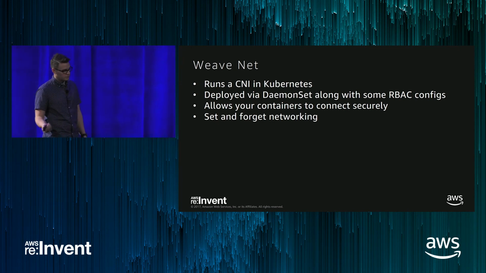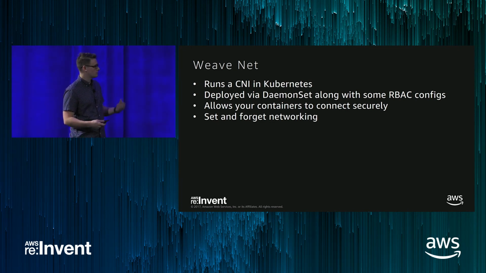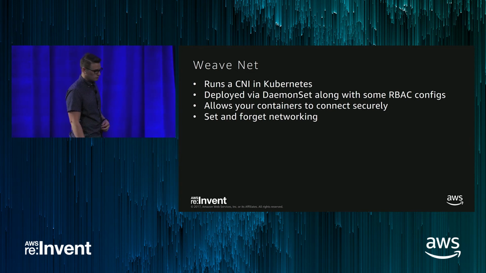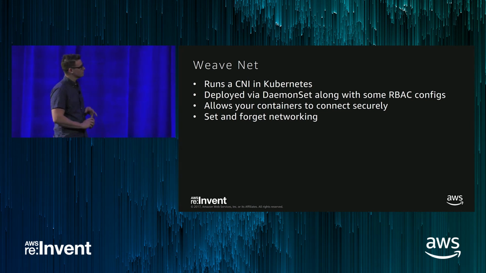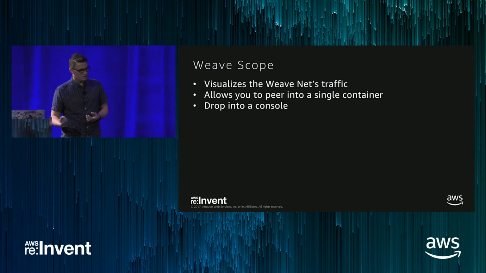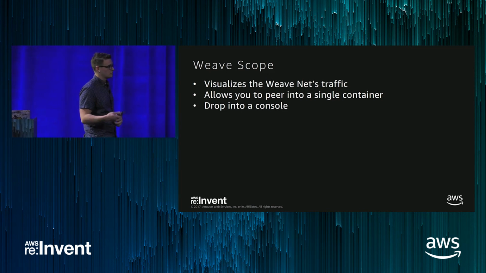There are RBAC configurations, or role-based access control configurations, that go along with it to make that possible. Under the hood, it transparently allows your containers to connect securely. It's a really great tool. You can add in things like mutual TLS through the containers. And then on top of that, you add in Scope, or what I'm going to talk about during the demo, which is the managed version of this, which is Cloud.